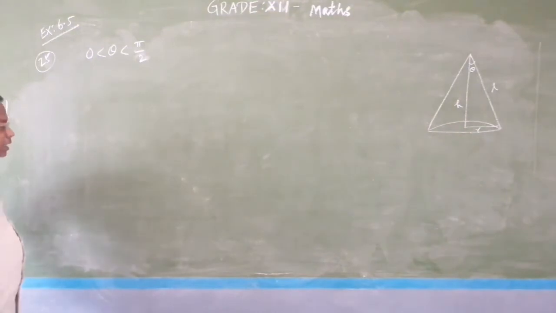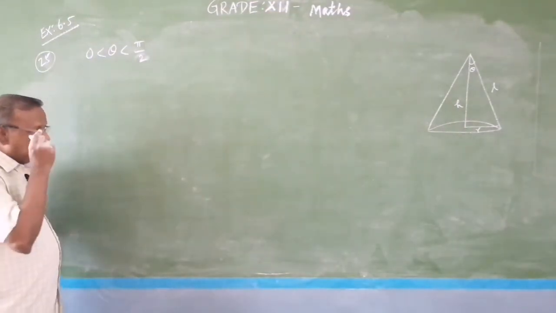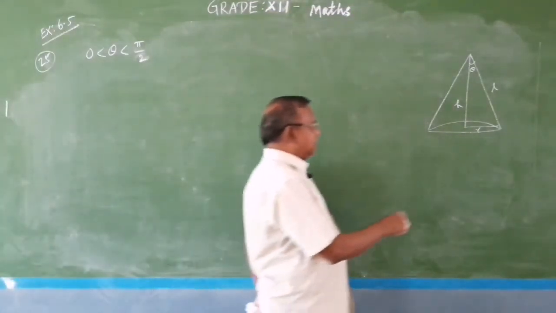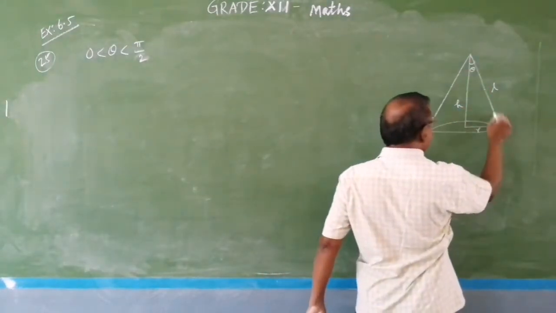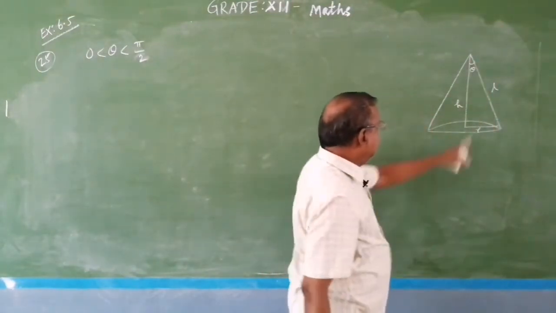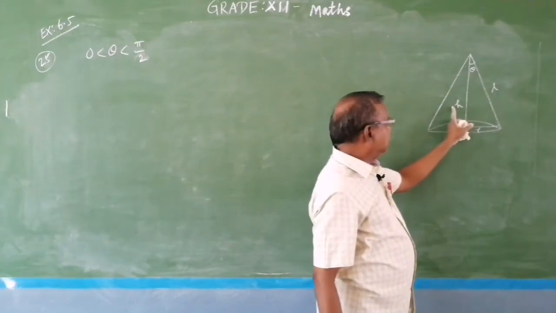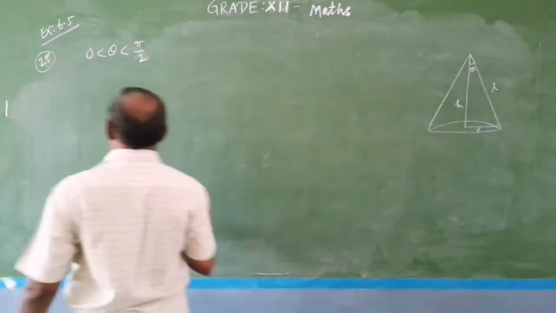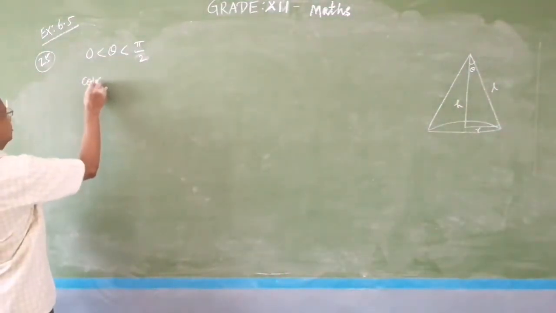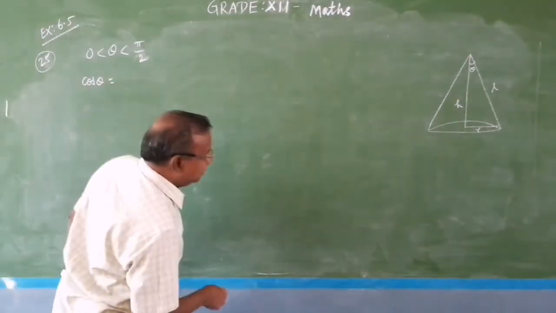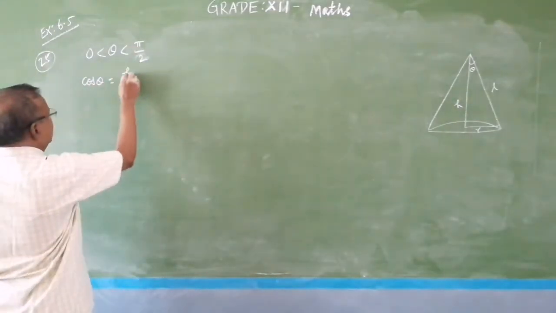Now given is slant height. So in this right angle triangle, cos theta equal to adjacent side by hypotenuse. Cos theta equal to adjacent side h, hypotenuse l.